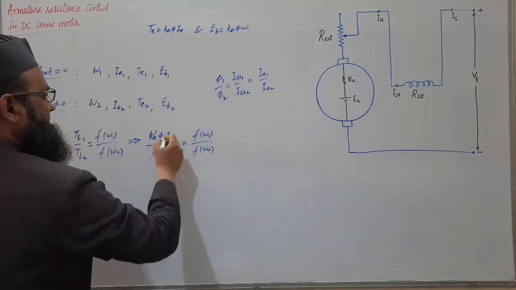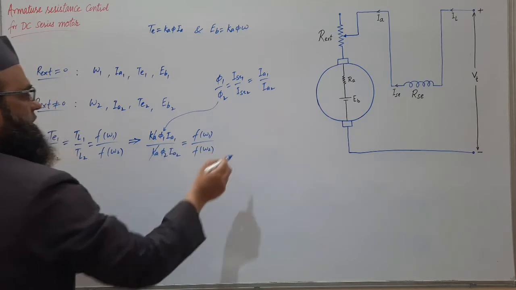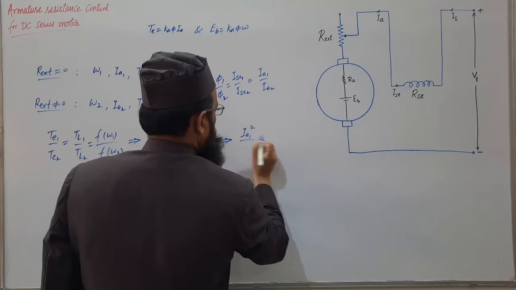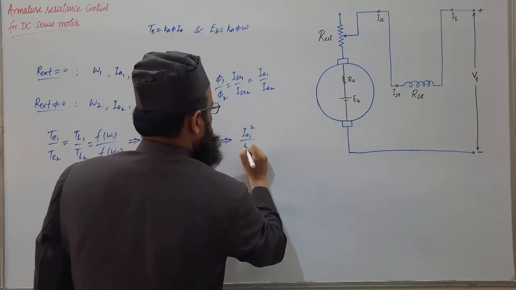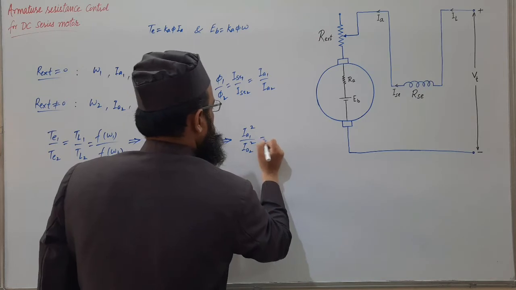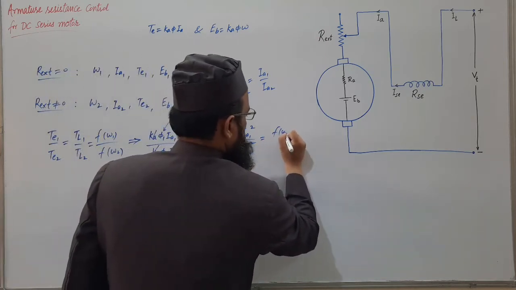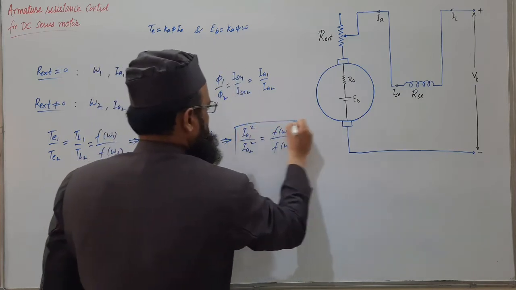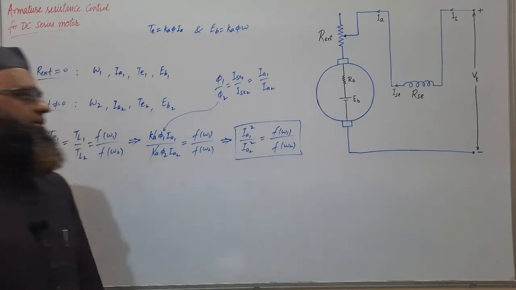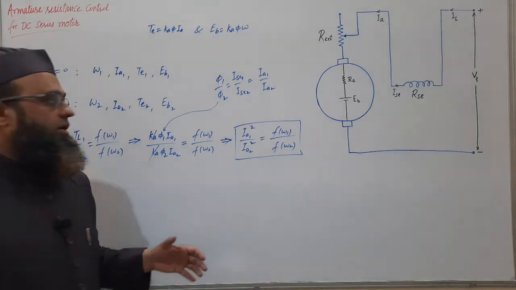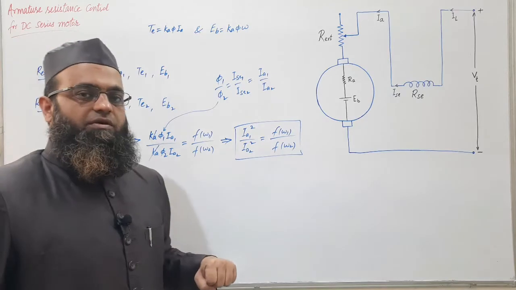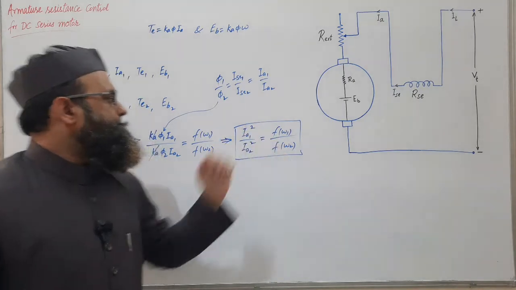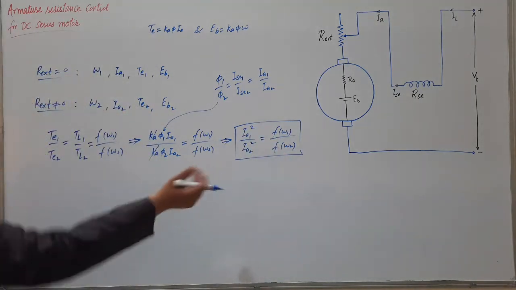So substitute here this ratio phi 1 by phi 2, we may write Ia1 square upon Ia2 square will be equal to F omega 1 upon F omega 2. One equation. As we have seen in the previous problem, out of these two armature currents, any one may be given, so the other one may be found out using this relation.